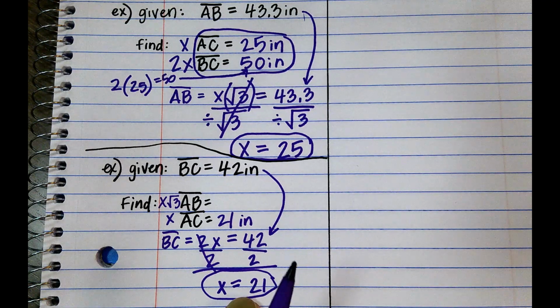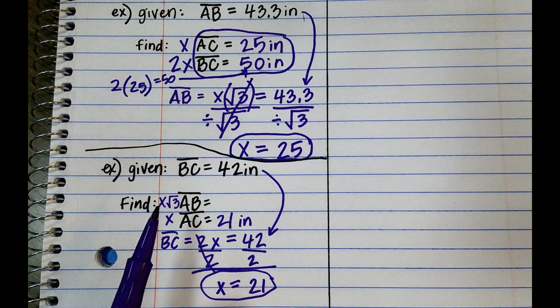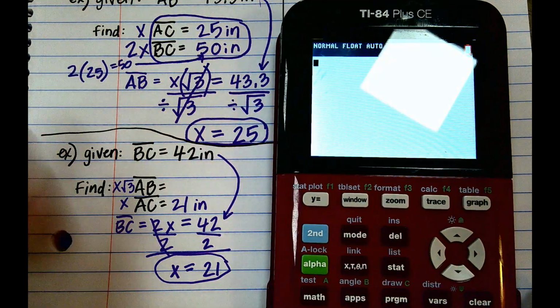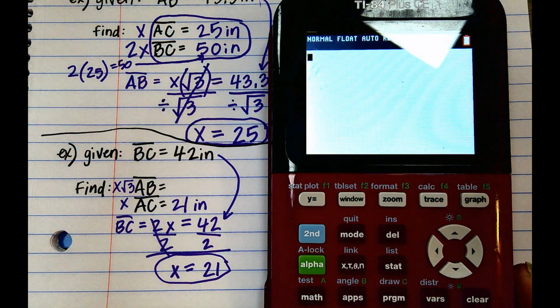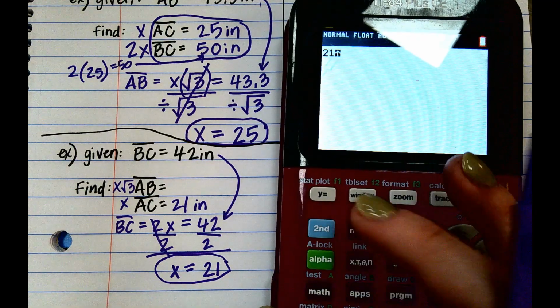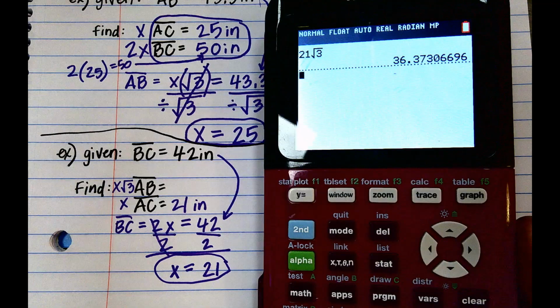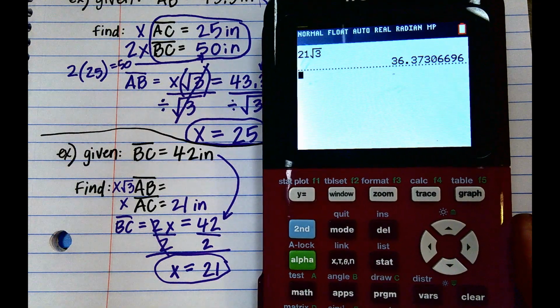If x is 21, we can just plug x into x radical 3. You don't have to do anything fancy except type it in on your calculator. We will literally just type 21 square root of 3 and hit enter.